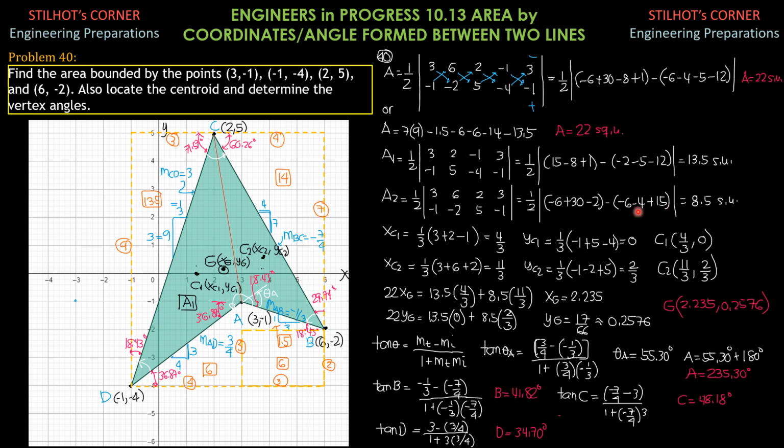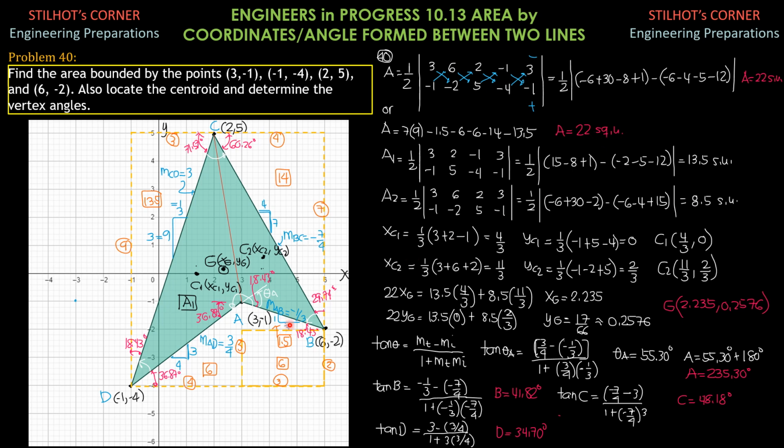Negative 2 times 2, negative 4. 5 times 3, 15. 15 minus 4 minus 6 is positive 5. Positive 5, negative of positive 5, negative 5. Minus 2, negative 7, plus 30, 23. 23 minus 6, 17, and 1/2 of 17 is 8.5. To check, 13.5 plus 8.5 is 22 square units, so that checks.